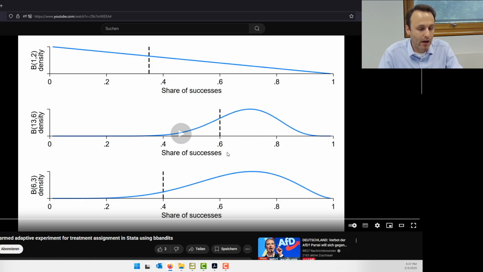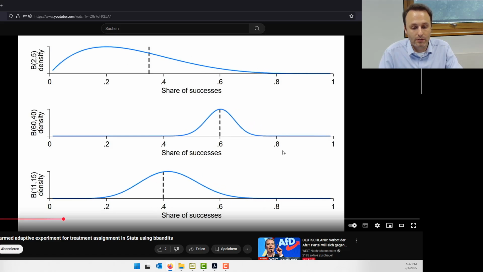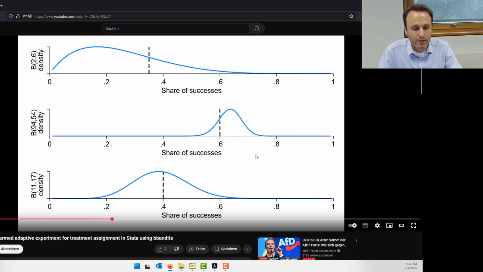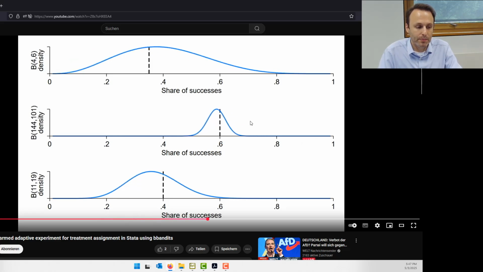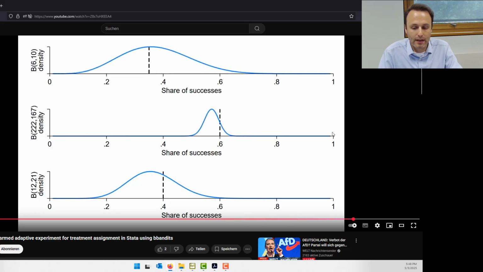And now moving on in time, the Thompson sampling selects more often the arm that works better, that has the highest success probability, and fewer times the one that has a lower success probability. And you see that after a while it actually does a great job of getting the best arm, and also getting a reduced uncertainty about the true success probability.